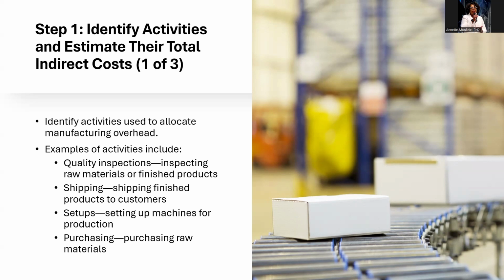The other is shipping, which is basically transporting finished goods to customers. Next, you have setups, where you're preparing machines and equipment for production runs, and of course, purchasing, where the company is acquiring raw materials needed for manufacturing.